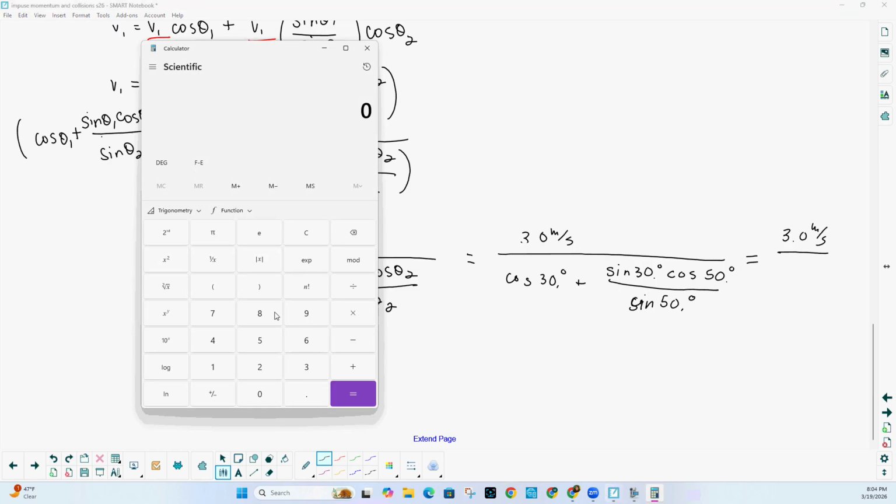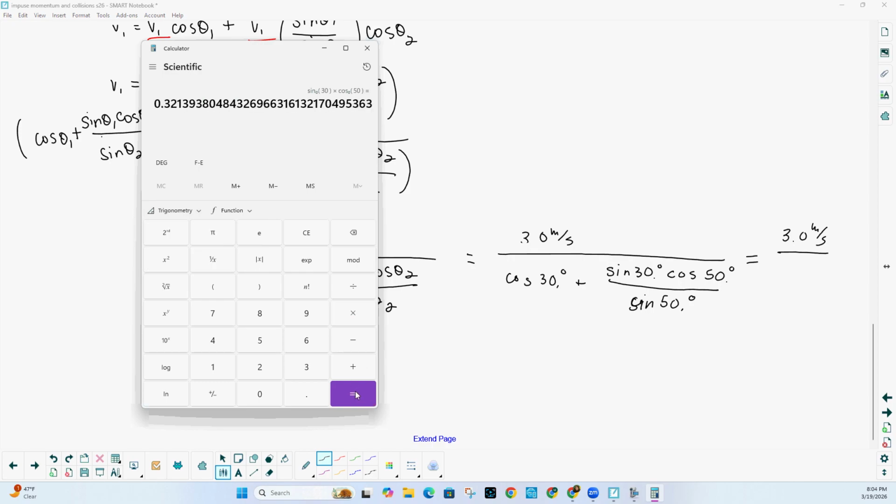Okay, so I'm going to do this term first because that looks nasty. For my calculator, I have to put in the angle first and then choose the function. So the sine of 30 degrees is 0.5 times the cosine of 50 degrees.